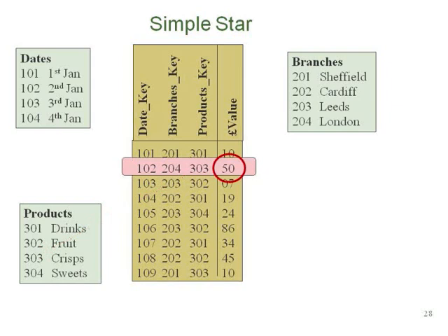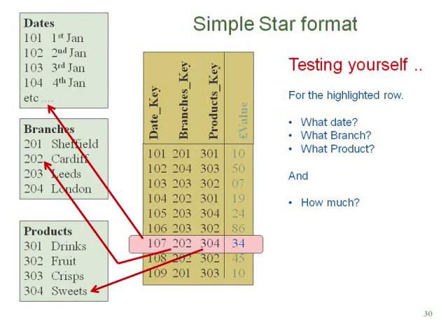Are you seeing how this is working? Now, test yourself. For the row that we've highlighted, can you work out what date, what branch, what product, and how much was paid? Pause the video and repeat to yourself what you think the answers are.